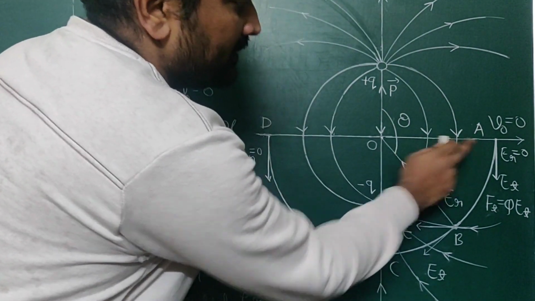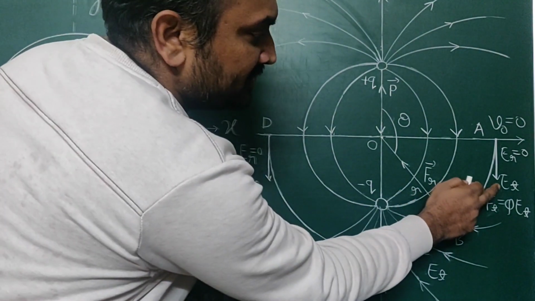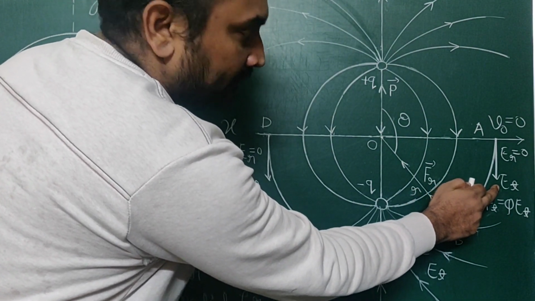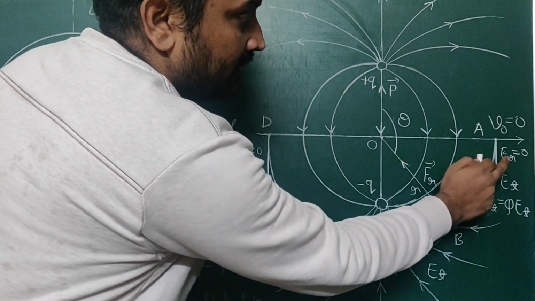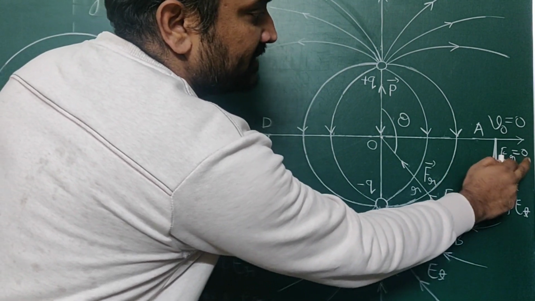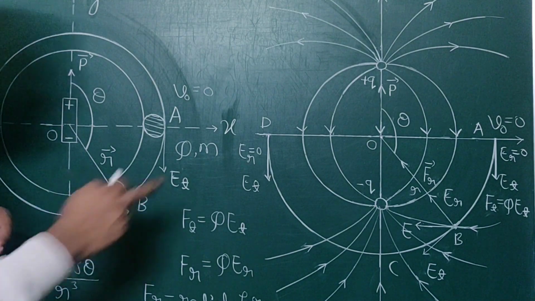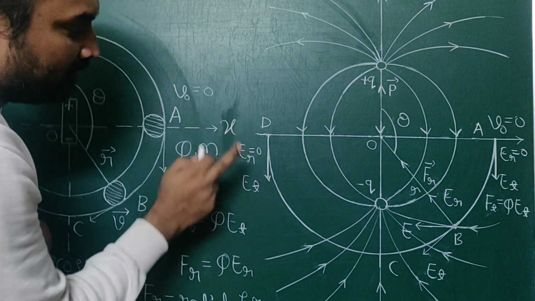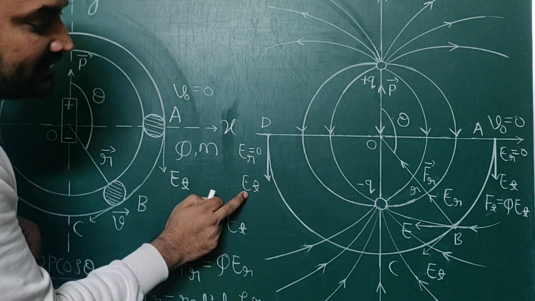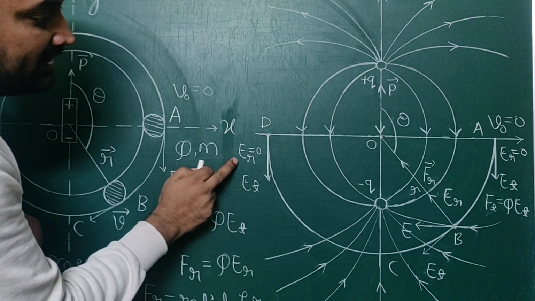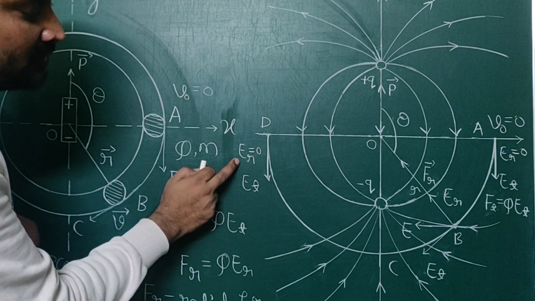At point A, we have a tangential component of the electric field of the dipole, but the radial component of the electric field is 0 at point A. Similarly, at point D also we have a tangential component of the electric field, but the radial component is 0.